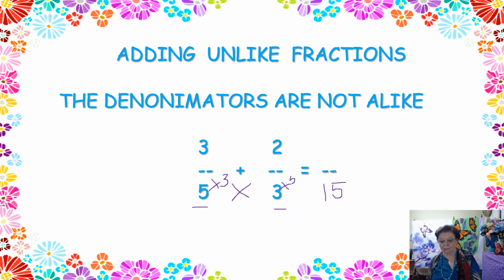Whatever you do to the bottom, you have to do to the top. So we have to multiply 3 times 3 is 9. Whoa! 9. And 2 times 5 is 10.